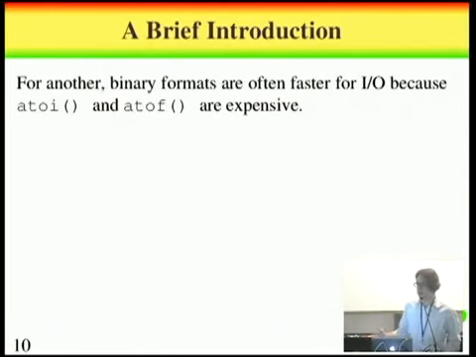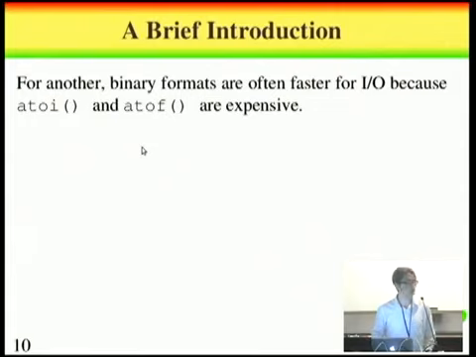The other reason why storing numerical data in a binary format is superior is that these string to integer or string to float functions are actually very, very expensive. They're not the simplest algorithms in the world. They're not overly complex either, but they take a lot of time if you have to run this code for every single data point.